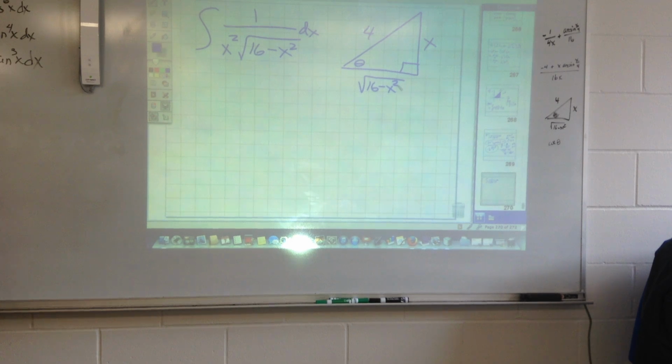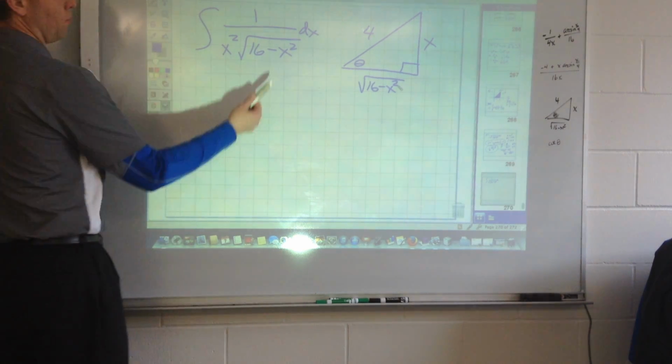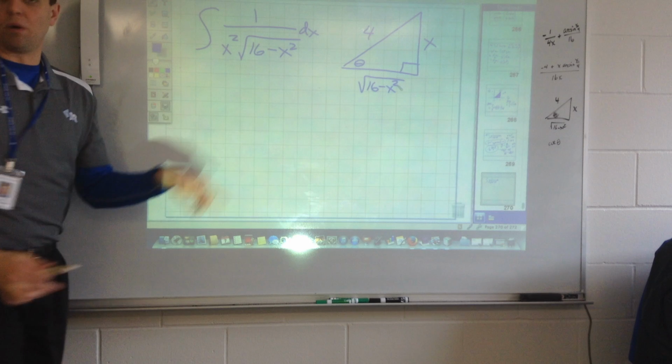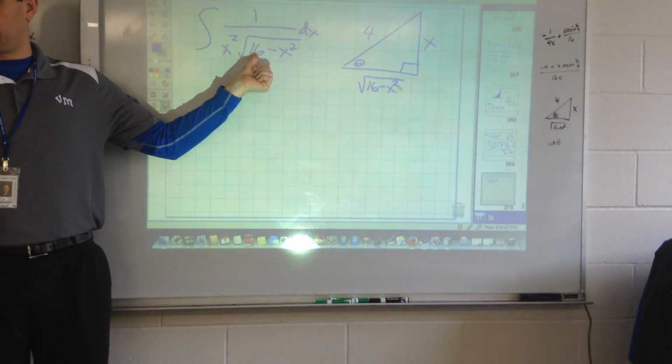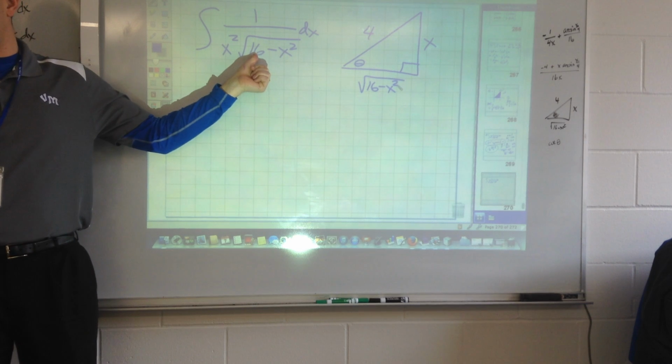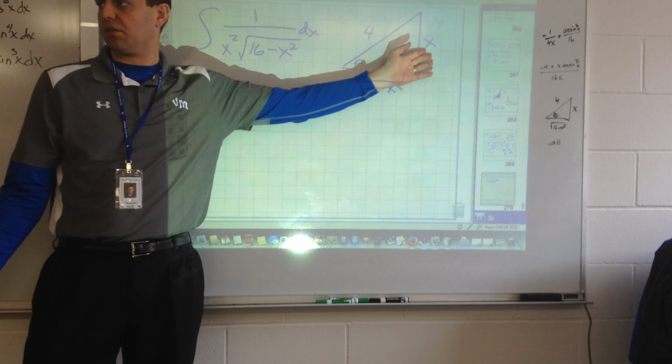Go explain what height that 4 and x? That's right. I was wanting to draw a right triangle that would have the square root of 16 minus x squared on it somewhere. So this is like your hypotenuse squared, so I made the hypotenuse 4. And then I picked this side to be x, for a particular reason.